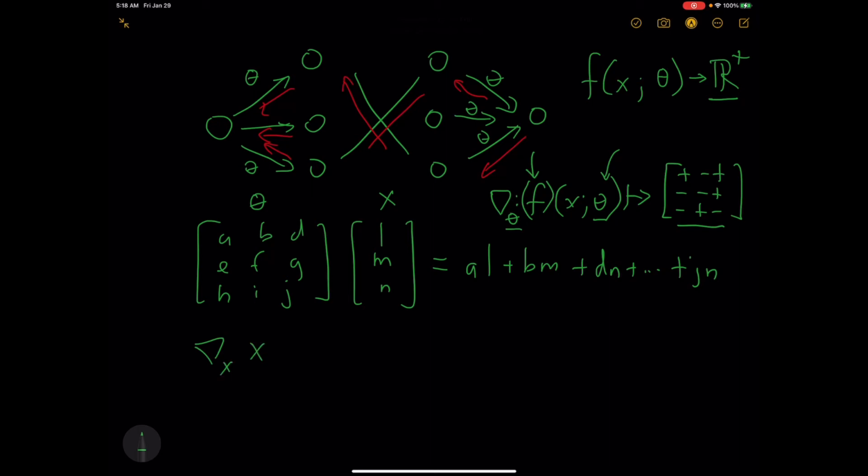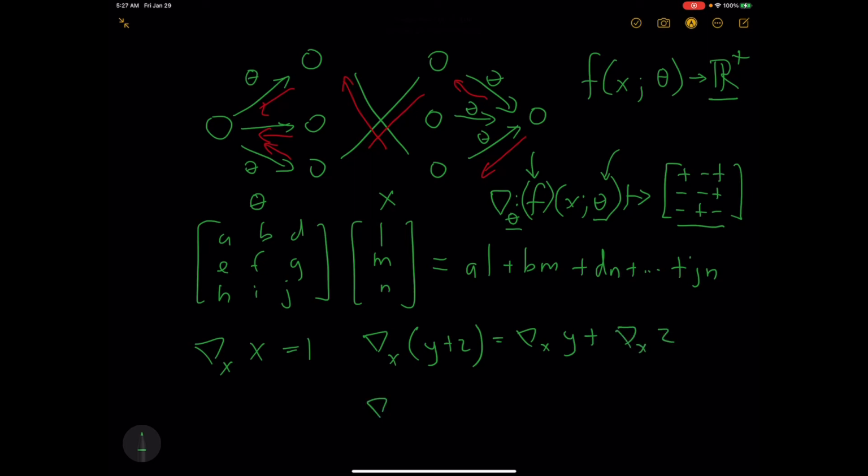So if we encounter some variable x, this is just 1. To compute the derivative of the sum of two expressions, then this is just the derivative of the first plus the derivative of the second.